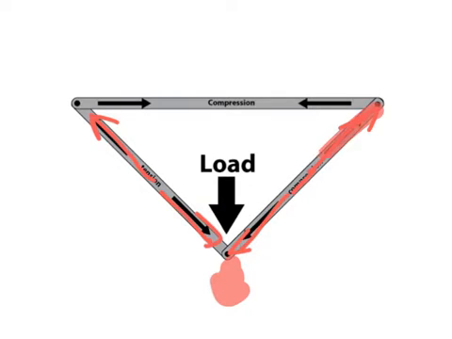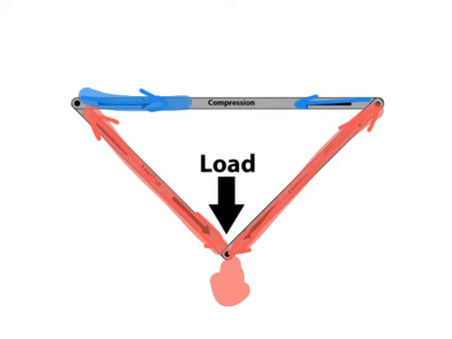So we'll have tension in here, and because it's pulling on these, that's going to cause the beam at the top to be pulled inwards at both ends, and so we have compression here. So in this series of triangles that make up trusses, each member or element of the truss is either in tension or compression.